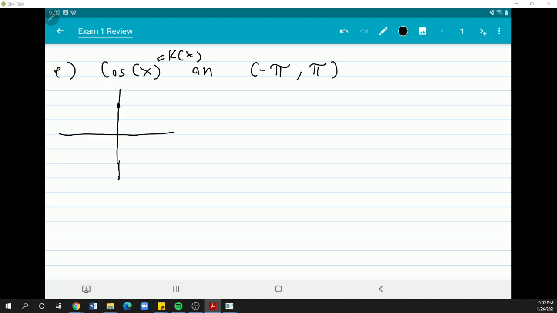Here we go. Start at 1. At pi over 2 we're at 0. And then at pi we bottom out at minus 1. And then similarly on the other side.